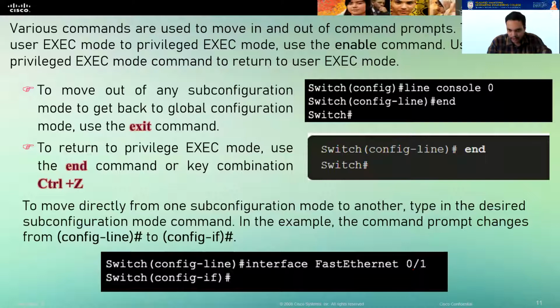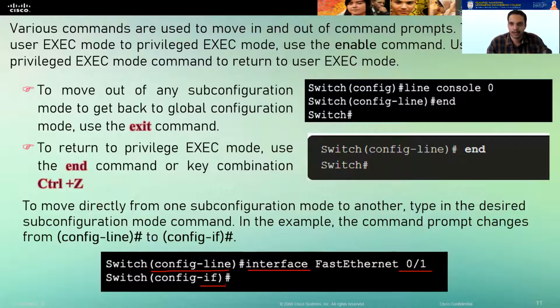In this particular example, you are sitting in the switch line configuration mode, and here I gave the command to go to the interface FastEthernet 0/1, and automatically this has changed into the interface sub configuration mode. This is far easier to work with for the students also.